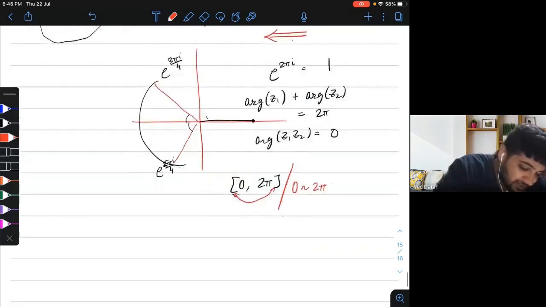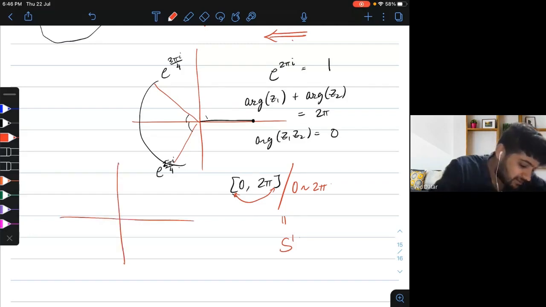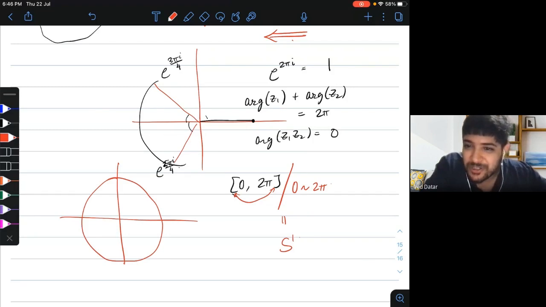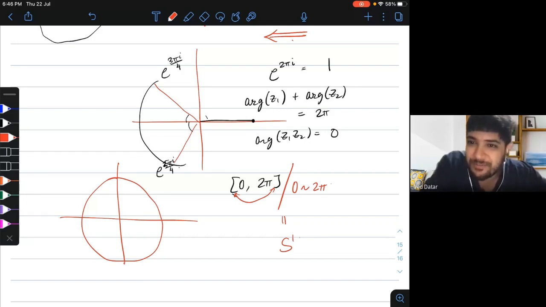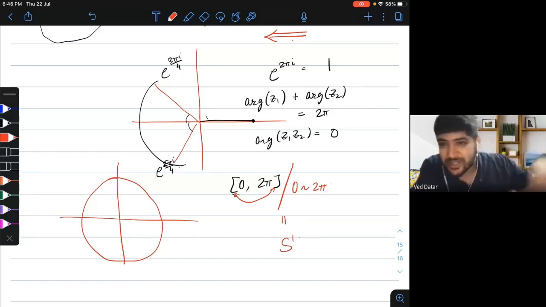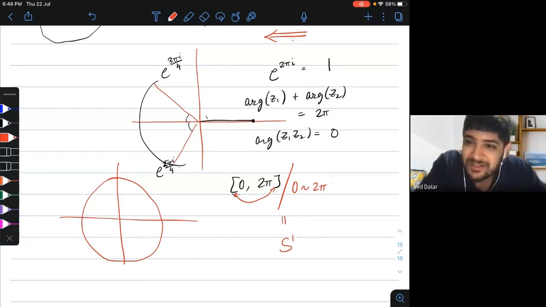That is the same thing as the unit circle, right? And the unit circle is actually a group, so you do have a multiplication that takes you back to the unit circle. So if you make the equivalence relation, then it's actually correct. Thanks.